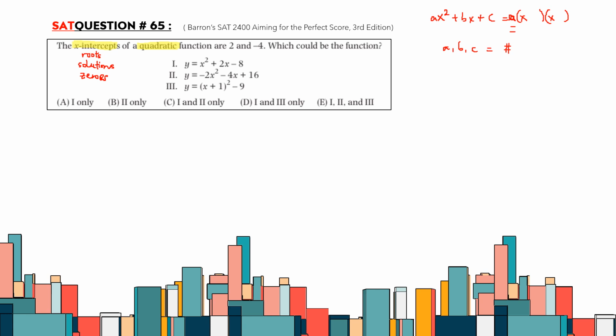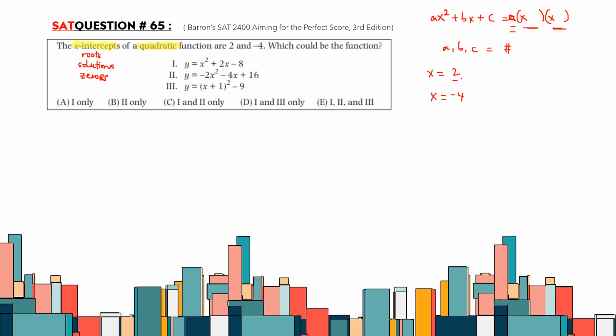To work on this problem, we have x equals 2 is a root and x equals -4 is a root. To find the factors, we move everything from the right-hand side to the left-hand side.